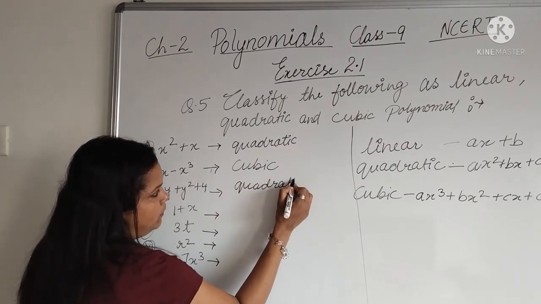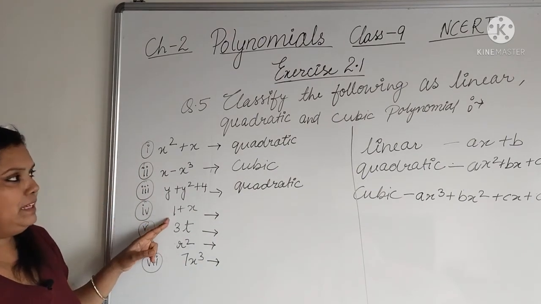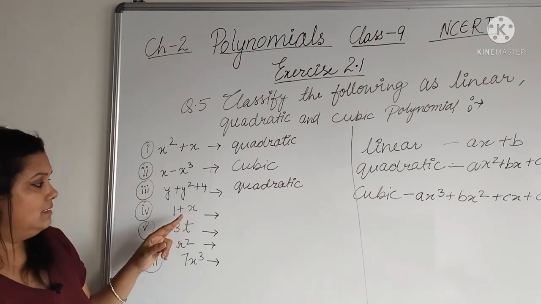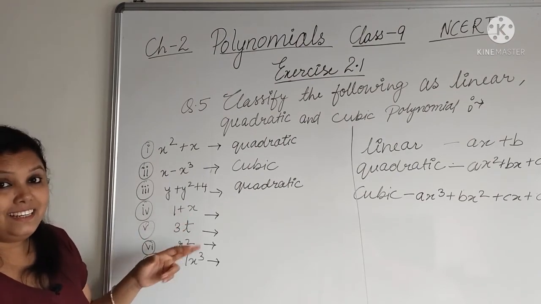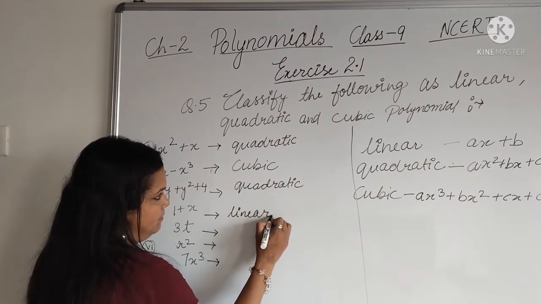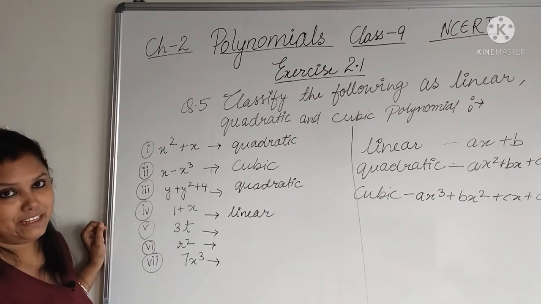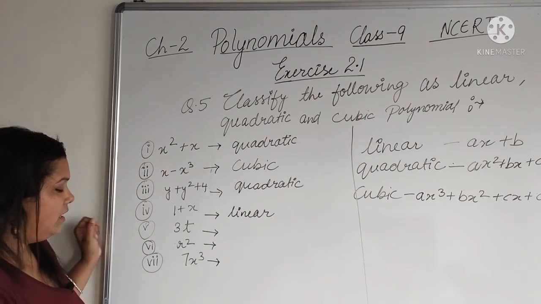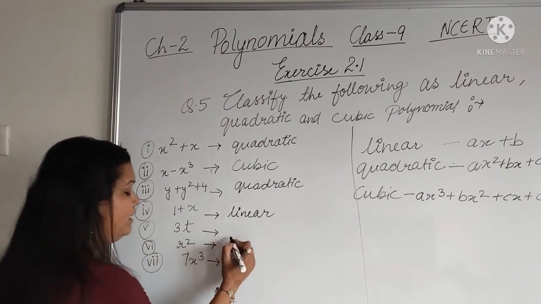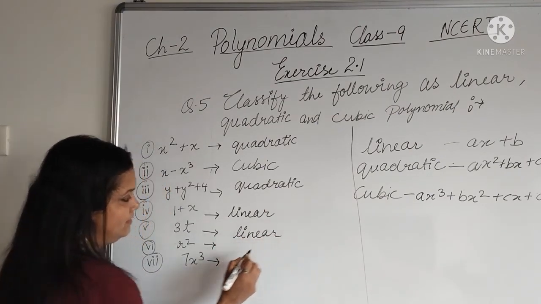Now tell me what will be this 1 plus x. This is a linear polynomial. Why linear polynomial? Because the power of this variable is 1. Okay. Now the next one is 3t. Again a linear polynomial. Why?